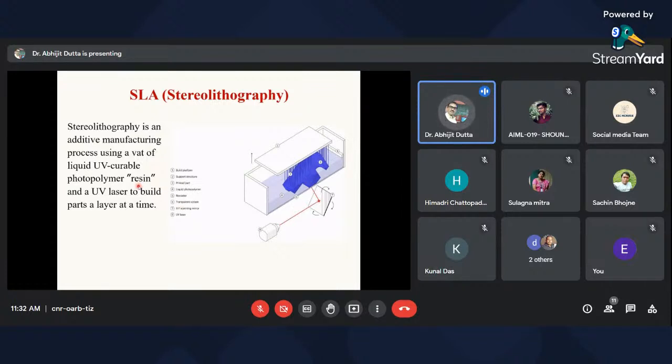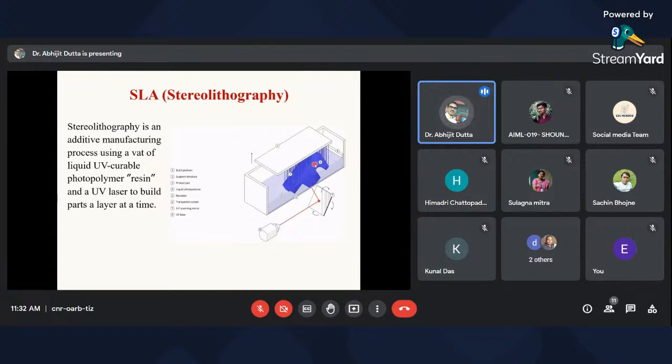As per our design, the UV rays solidify the resin, which is generally a polymer resin, of course, a photopolymer resin. The name is SOMOS 14120. It solidifies as per our diagram, and finally the product is developed.